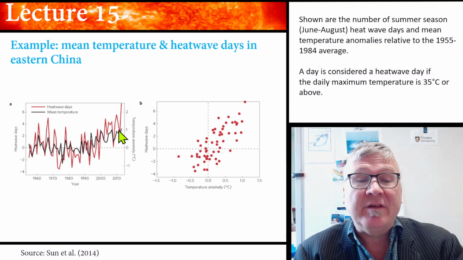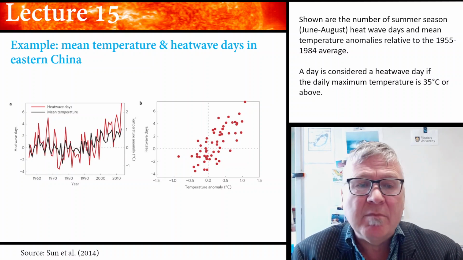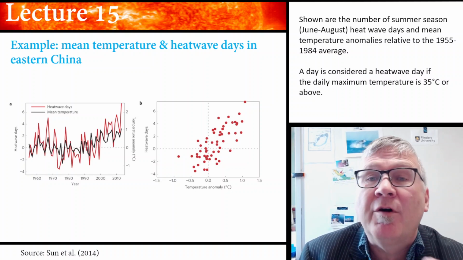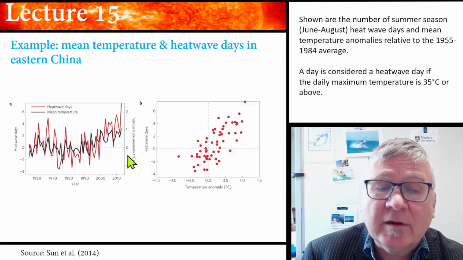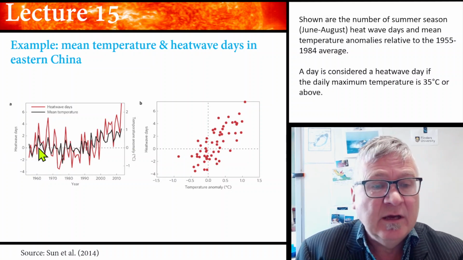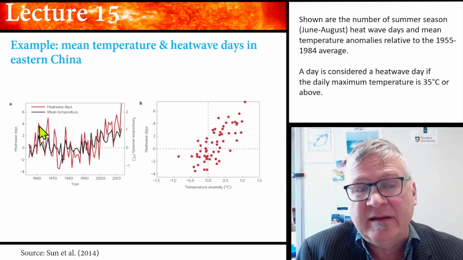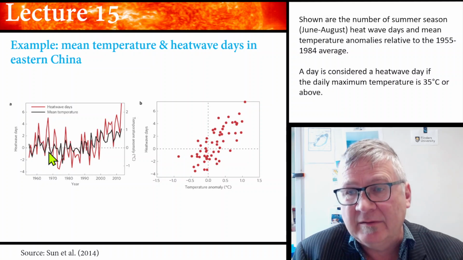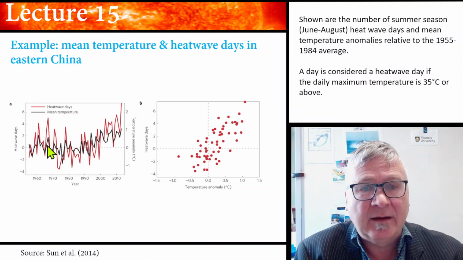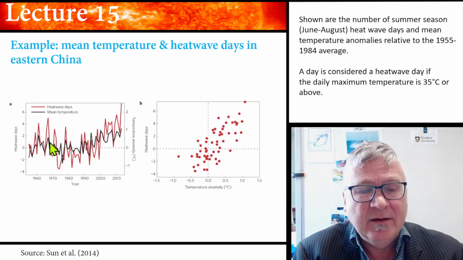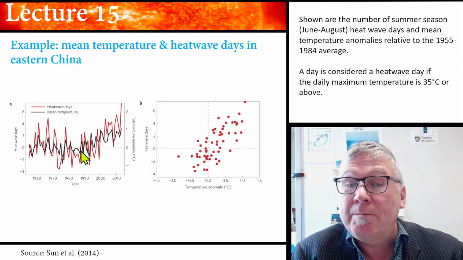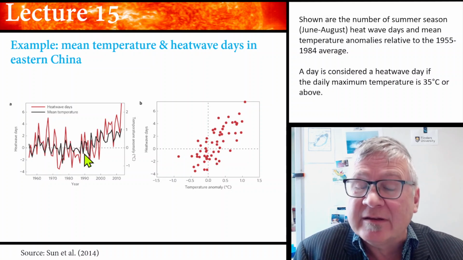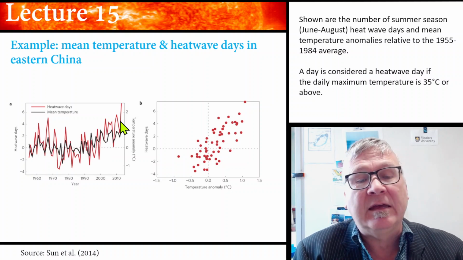The red curve shows you the number of heat wave days, and that's based on a maximum temperature exceeding 35 degrees Celsius. Again, you can see that in the 1960s and 70s, you had instances where you had 4 or 5 heat wave days, but then you had a decrease. But more recently, since the 1990s, you have a positive trend, an increase in the number of heat wave days.